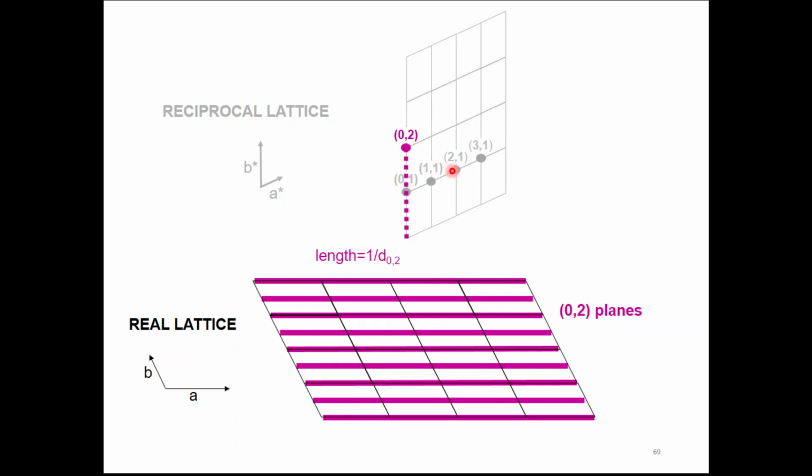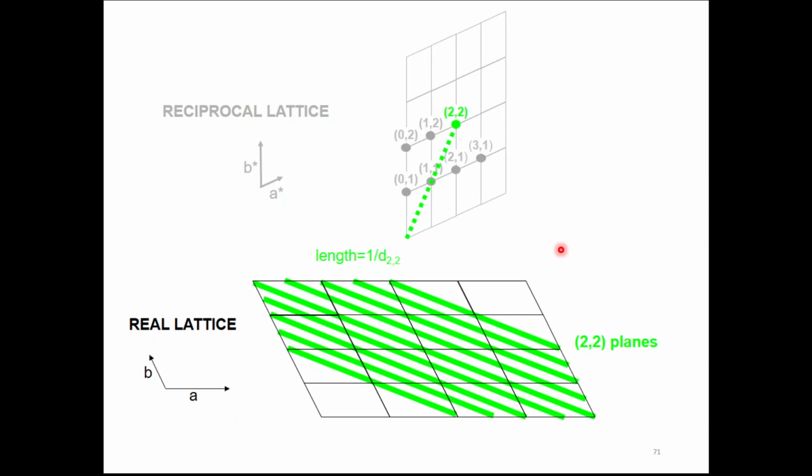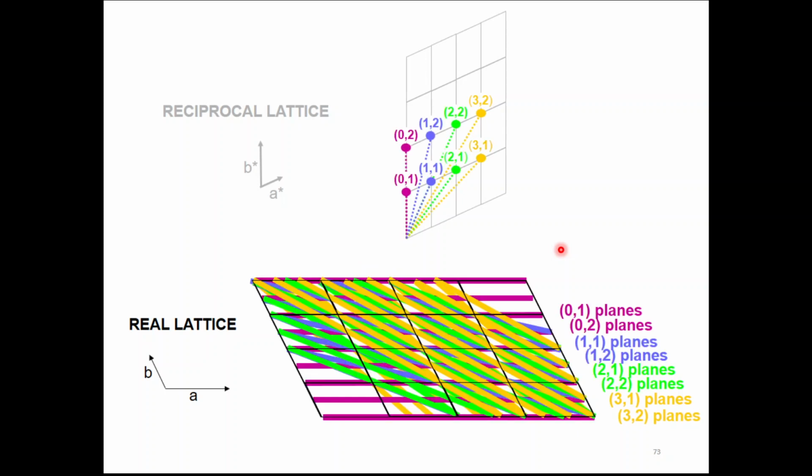This is 0 2. Again, this is 3 2, and so on.